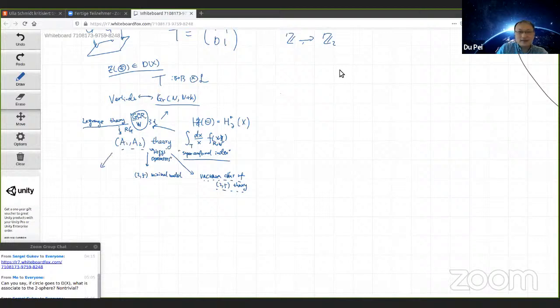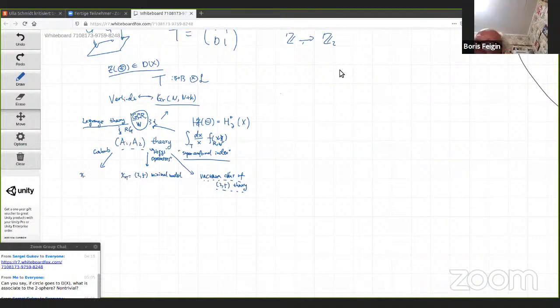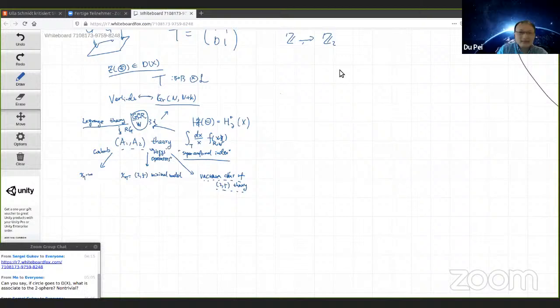But then there's this connection via the Coulomb branch. From the Coulomb branch, it seems that the Coulomb branch knows about modules for this VOA. Now, the Coulomb branch knows about the tensor category, yes? Yeah, exactly.